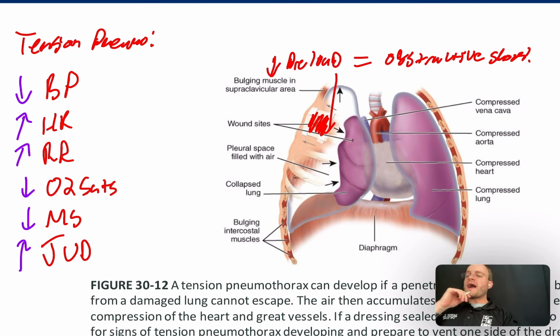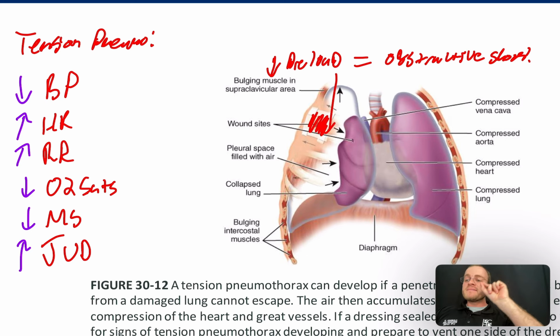In a tension pneumothorax, when you start squeezing on this vena cava, the blood backs up. If I were to push here, the blood in my jugular veins would become distended.